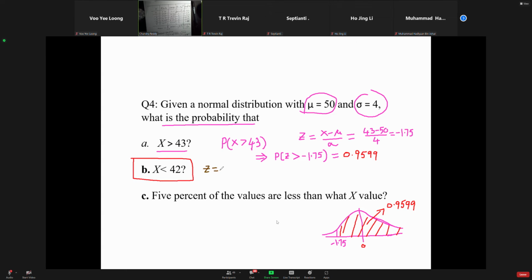So Z is 42 minus 50 over 4. This is minus 8 over 4, which gives you negative 2.00. So what is the probability of Z less than minus 2.00?